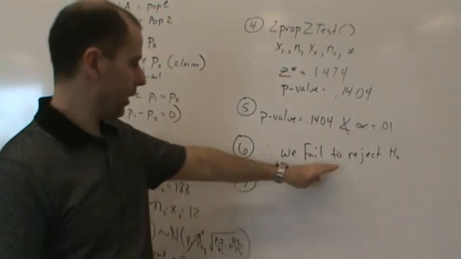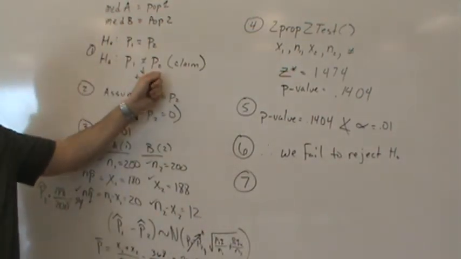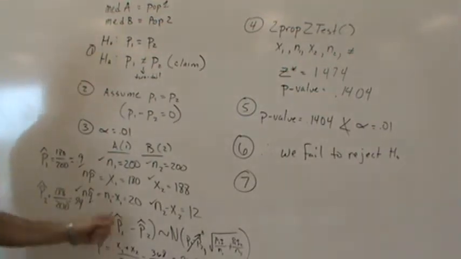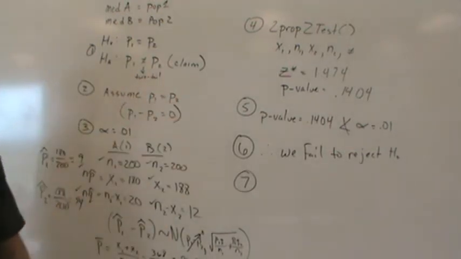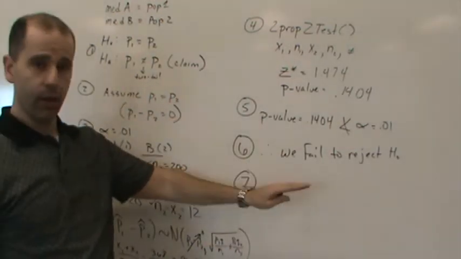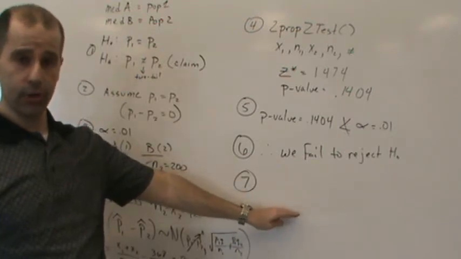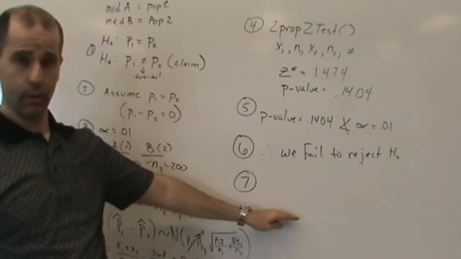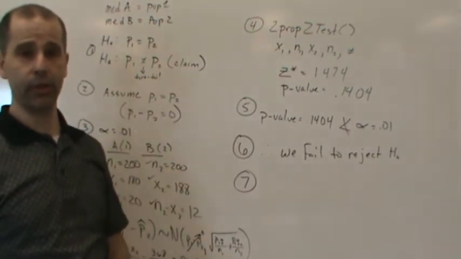So if we fail to reject the null, that means that there is not enough evidence to support the alternative, and in this case, the claim. So at an alpha level of 0.01, there is not enough evidence to support the claim that the proportion of adults who experience relief on this medication from hives is different between the medications.